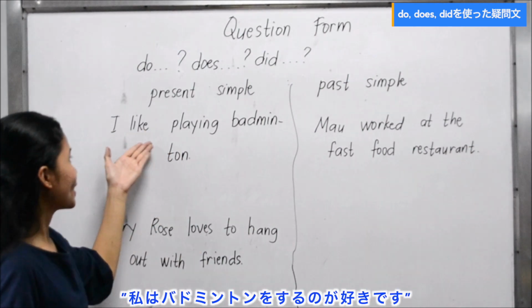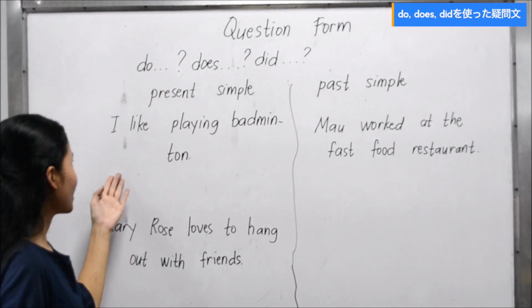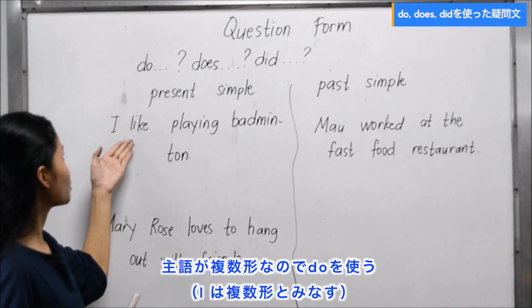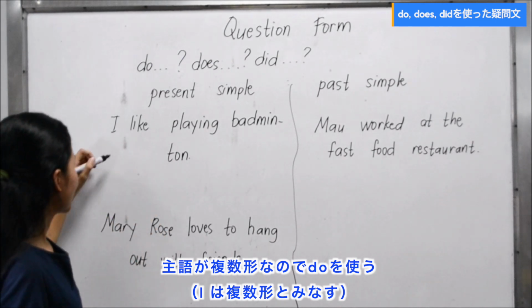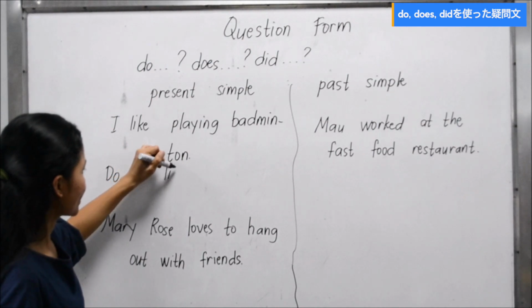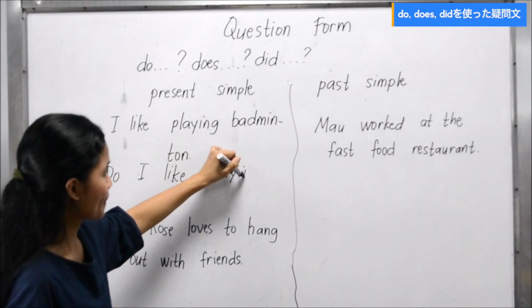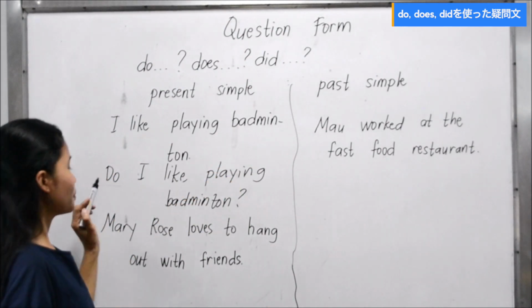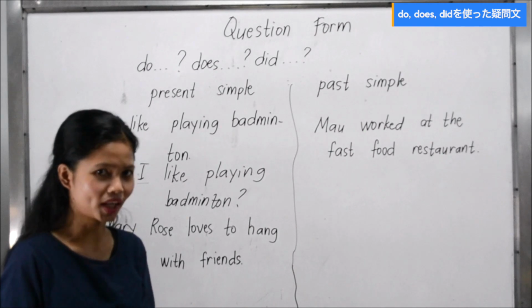I like playing badminton. In making questions, we use do, since the subject is plural. So it becomes: do I like playing badminton? Do is the verb and I is the subject.